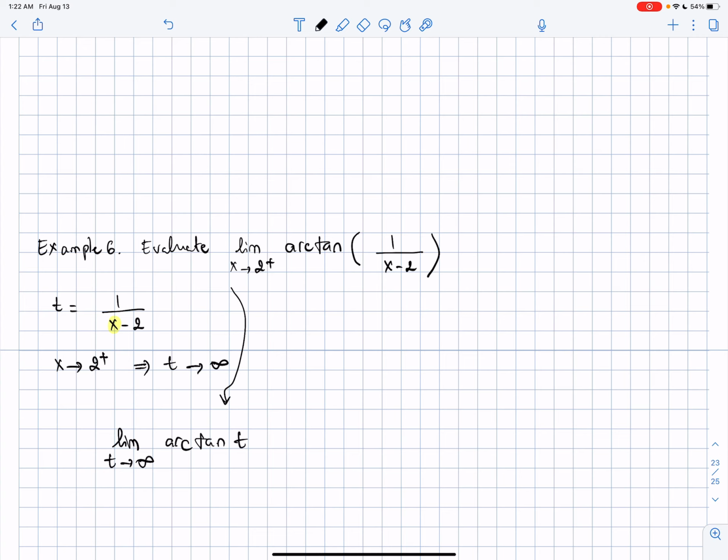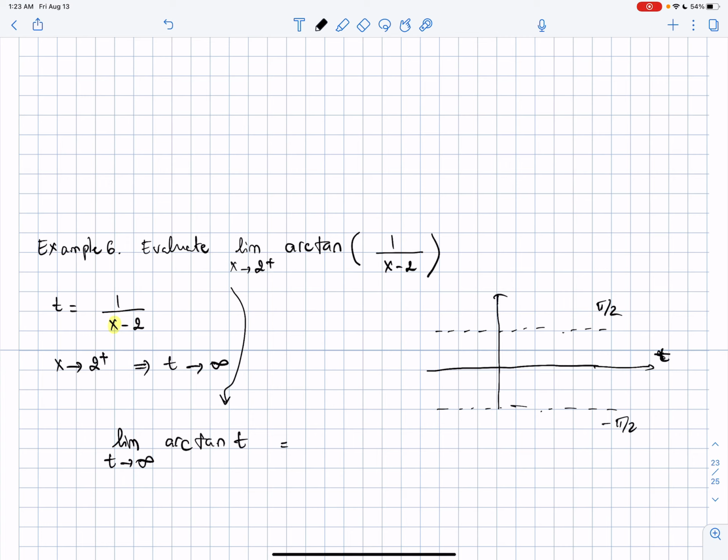And when t goes to infinity, let's recall the graph of the tangent inverse. It is like this. We have pi over 2 and negative pi over 2. You have t or x, it doesn't matter.